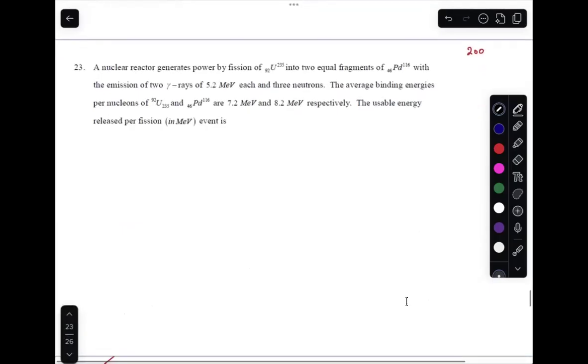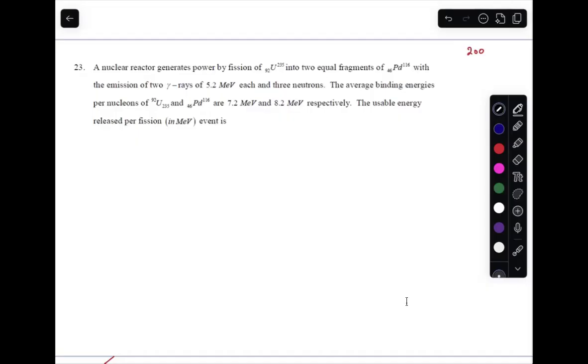Next, 23. A nuclear reactor generates power by fission of uranium 92, 235 into 2 fragments. Fine, no issues. See, here also my observation is that the calculation part is very important. If you are good at calculation, you are done.